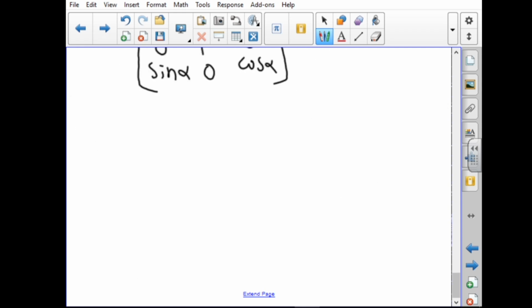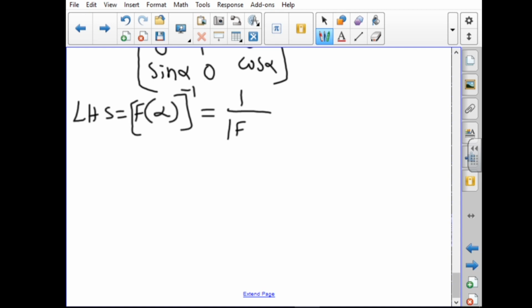Now coming to the left hand side. Left hand side is f of alpha the whole inverse, which we have to find. This is nothing but 1 by determinant of f of alpha into adj of f of alpha.